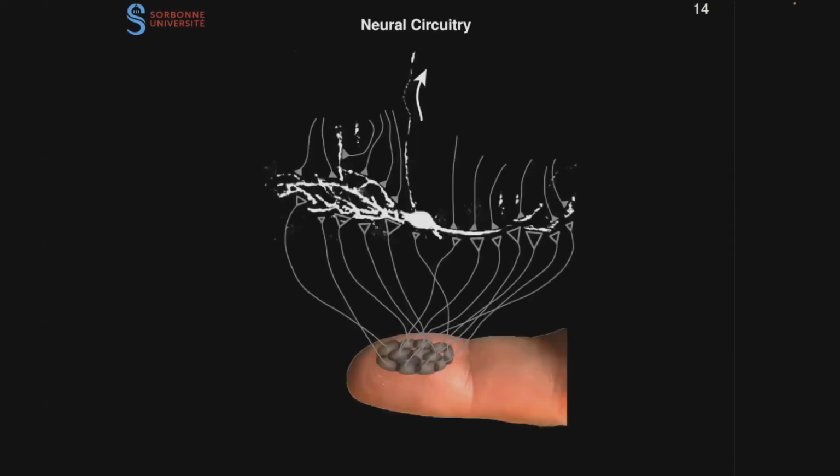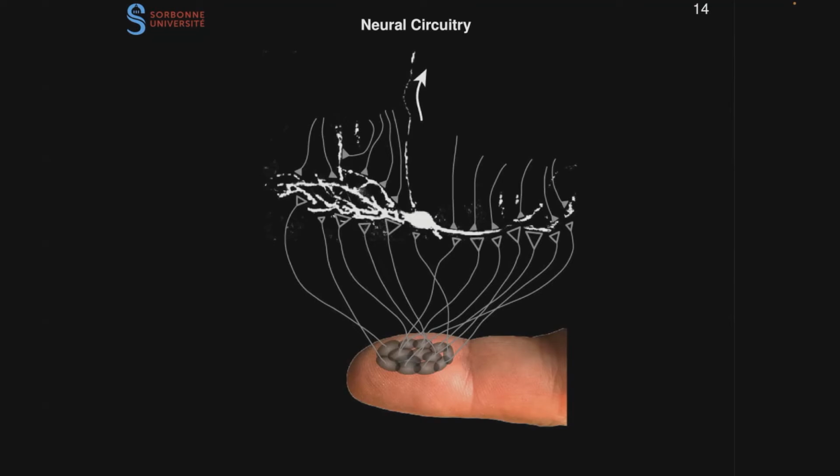So we can look a little bit at the way it's made. Essentially, it's made of a large set of cells, of course. We'll look into the architecture a little later, but there is essentially a layer of output cells, which is shown here. It's actually a real image. And what these output cells receive are inputs from the skin, of course.